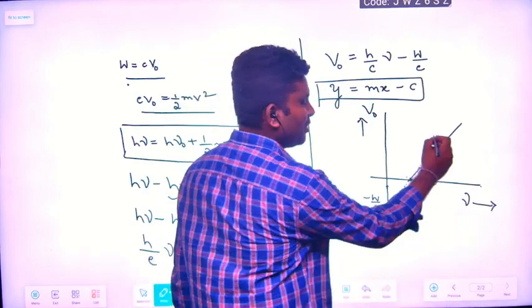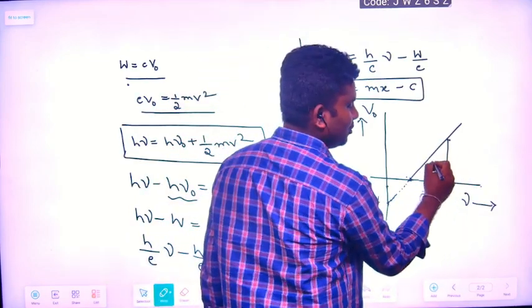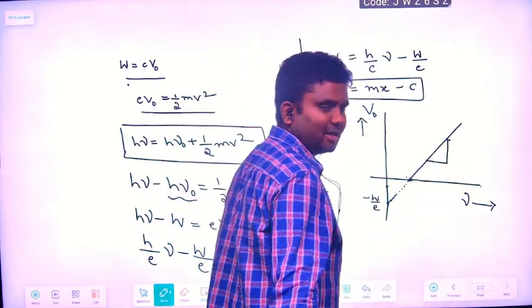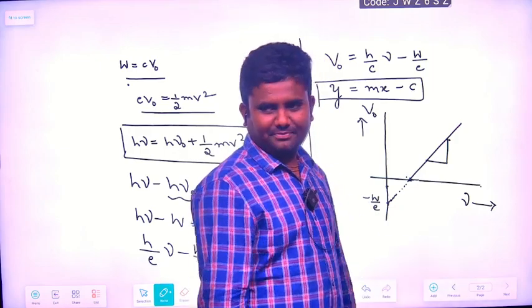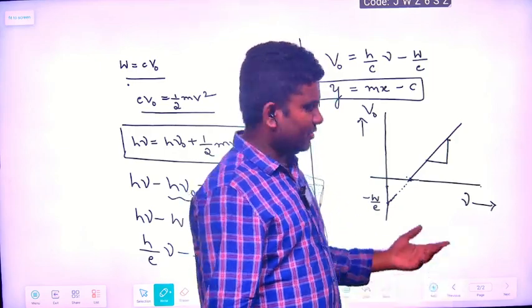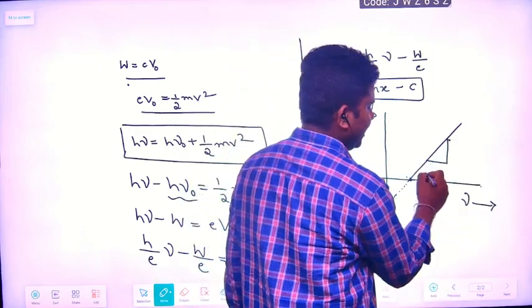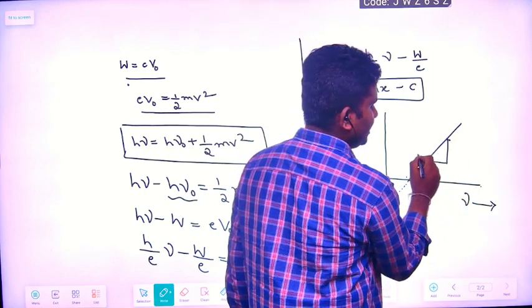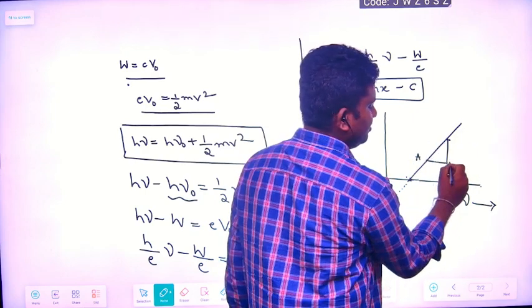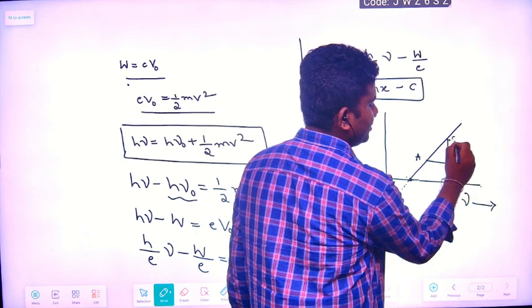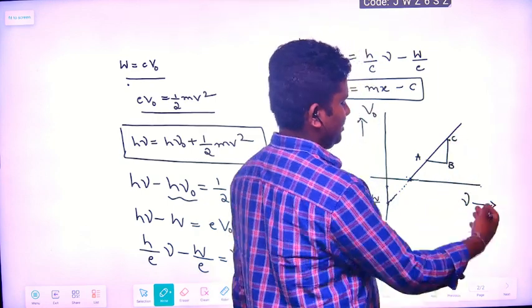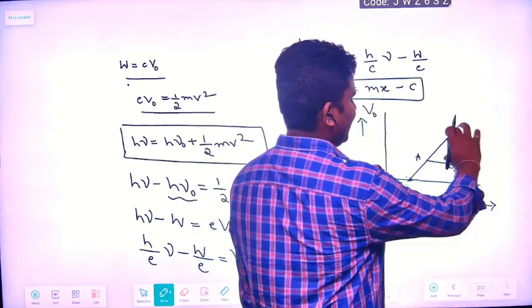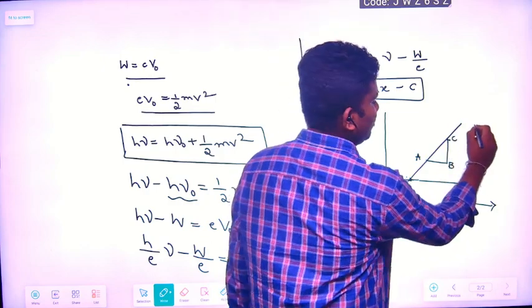If you take the slope, or tan theta, tangent, if this is an angle theta, and this is A, this is B, this is C, what is the slope?